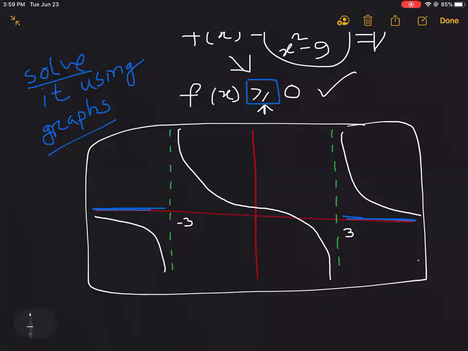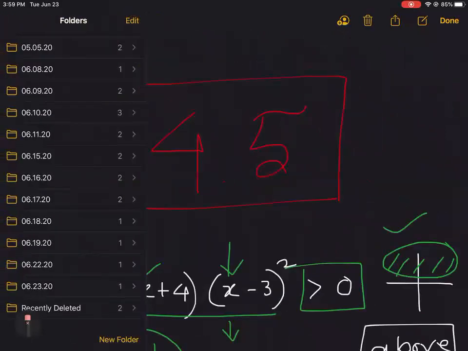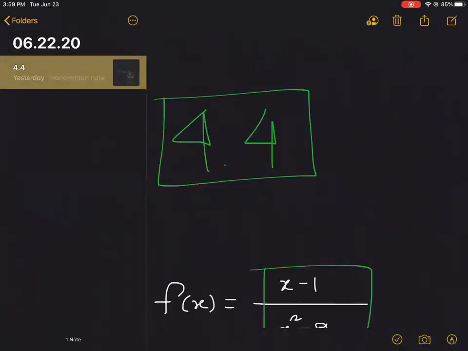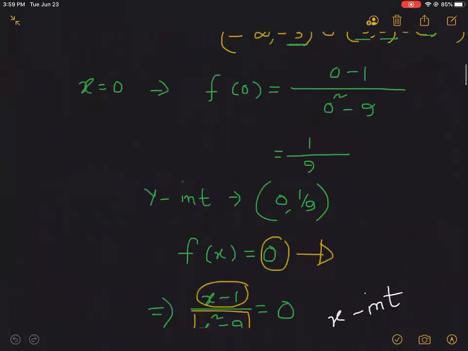I think I have drawn the graph a little bit wayward. Let me make the correction. Let me see how this graph looks in the file. Here you go.